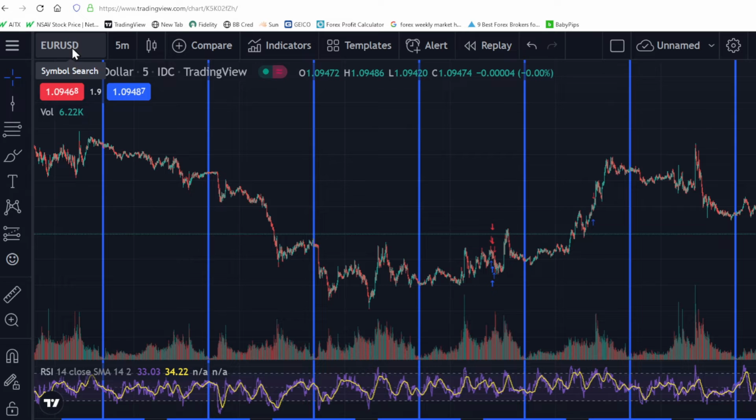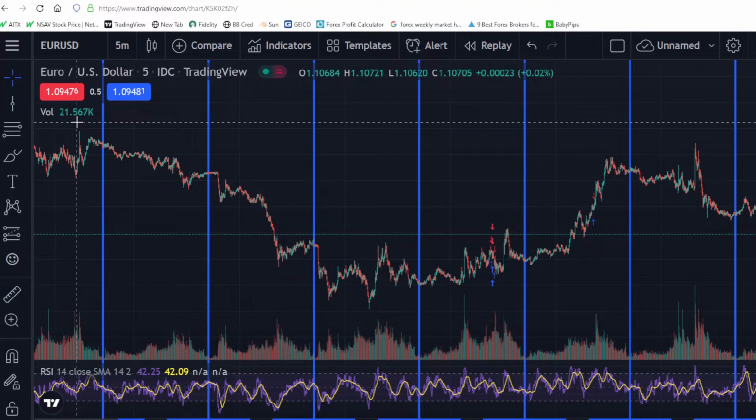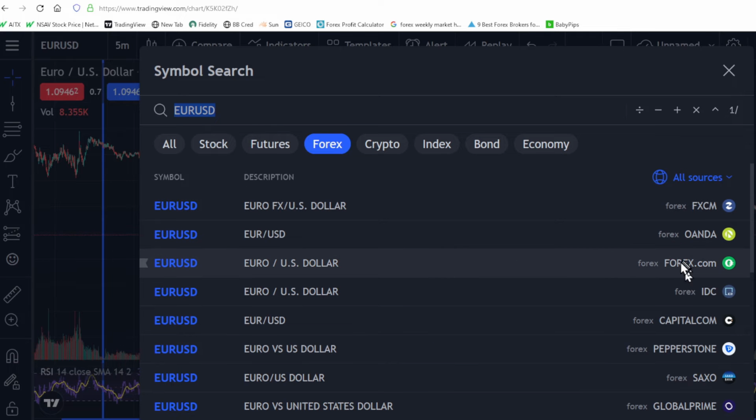The next thing is, after you pick the pair, I've talked about selecting the right broker. So these are the brokers that you're allowed to use when you're paper trading. And what you could do, for example, is pick one of these and then look at the volume here, and just watch it, compare that volume to, say, picking another broker.